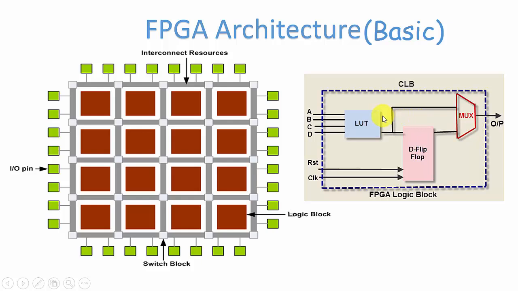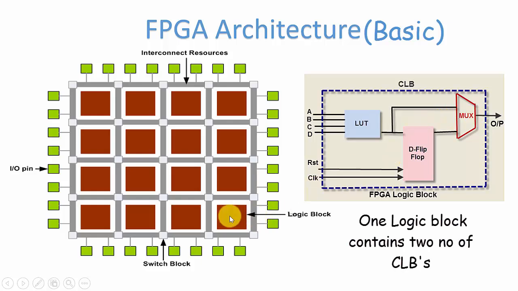If you are designing a combinational circuit, the lookup table output is directly applied to the mux output. If you are developing a sequential circuit, the output of the lookup table is passed through the D flip-flop, and the flip-flop output will be present at the mux output. So if it is combinational, the mux accepts the lookup table output directly; if it is sequential, the mux accepts the output from the D flip-flop.